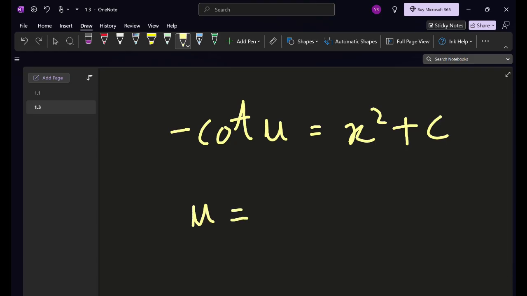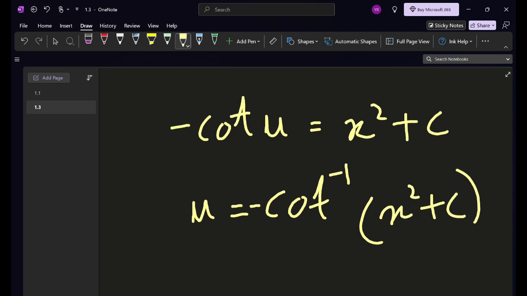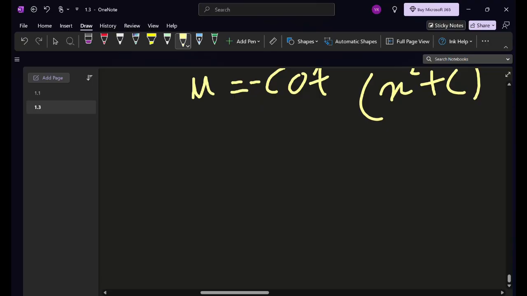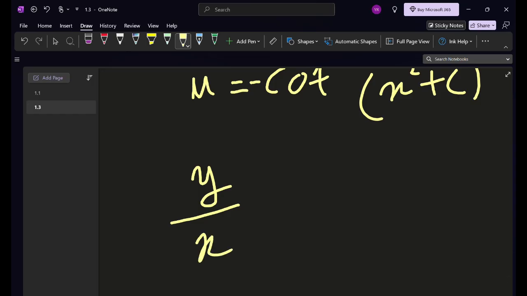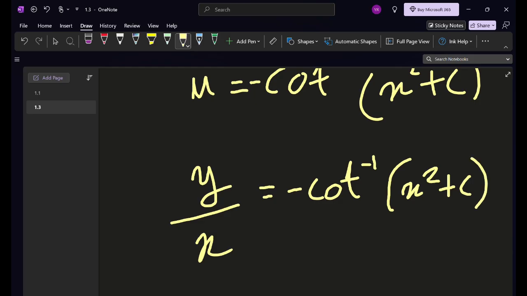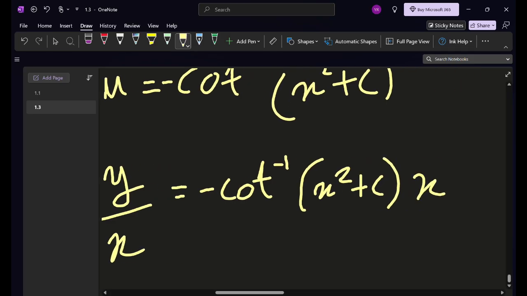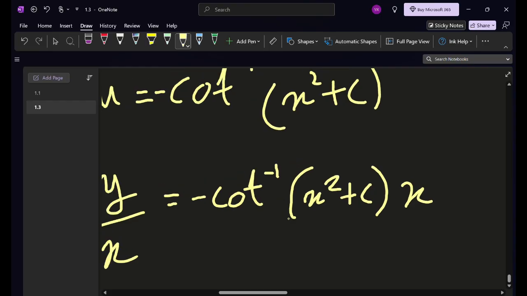Okay, and then we're gonna write it in terms of u, so this is gonna bring cot to the other side, so this is gonna be u equal to minus cot inverse of x square plus c. Now putting back the value of u, it can be written as y by x is equal to minus cot inverse of x square plus c.